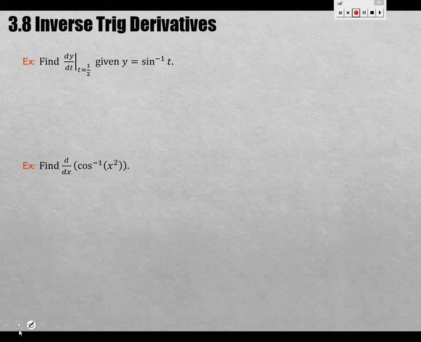So let's find the derivative of inverse sine of the square root of t. Let's find dy/dt. Symbolically, it's 1 over the square root of 1 minus t, times the derivative of the square root of t. And then plug in 1/2 and tell me what you get.